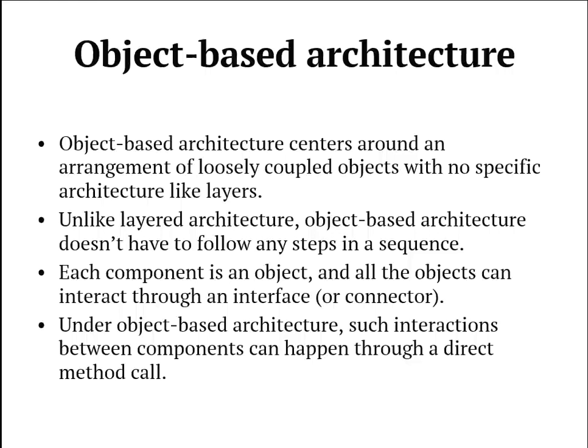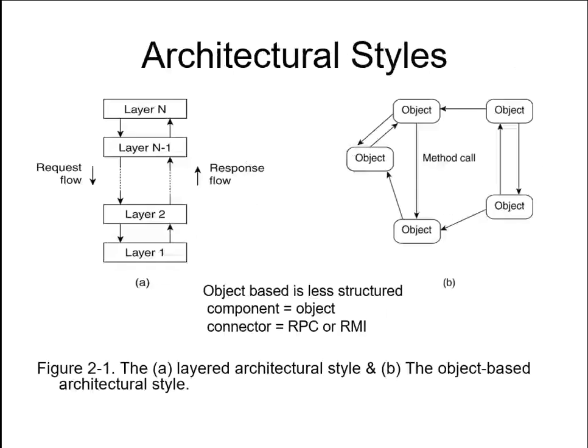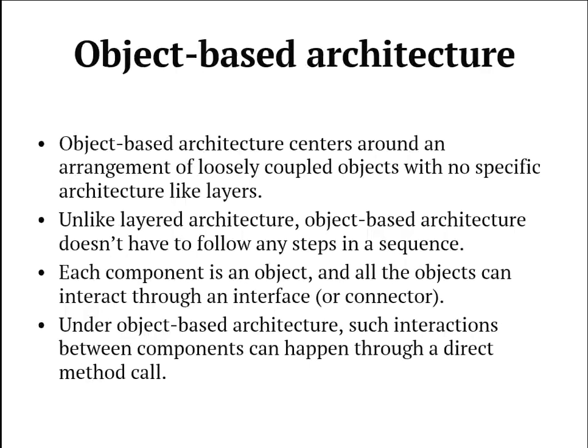And unlike layered architecture, object-based architecture does not have to follow any steps in sequence. The sequence is not necessary here. In layers, the message or information flows first to this layer, then to this layer, and then to this layer. But here there is no order of sequence followed.